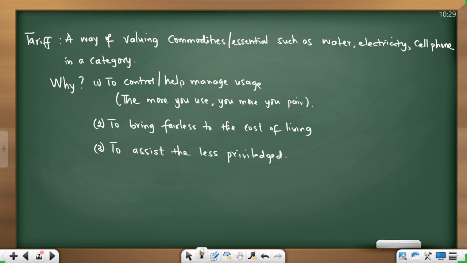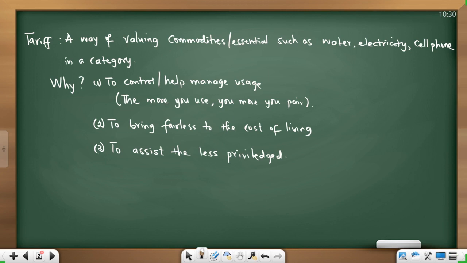So you would see something like saying, if you use this much, then it's free. But if you begin to use more than that, then you start paying. So it helps people to actually reduce and manage usage. A few more can be added, but these are just basic reasons why we have tariffs.